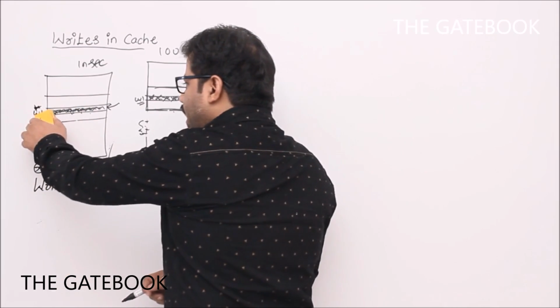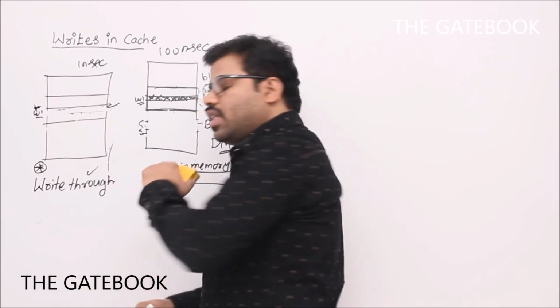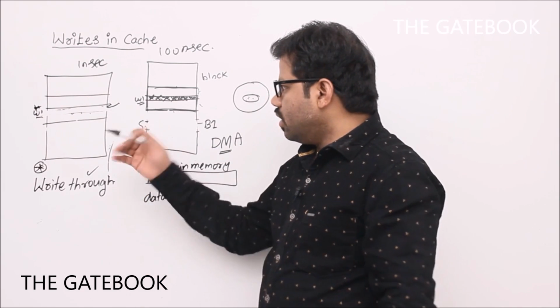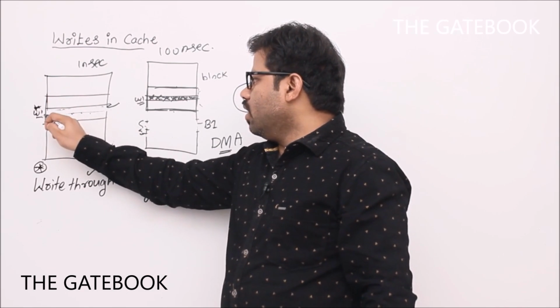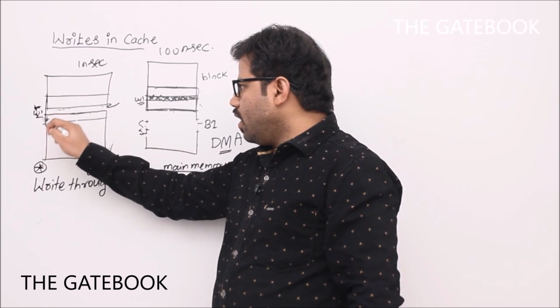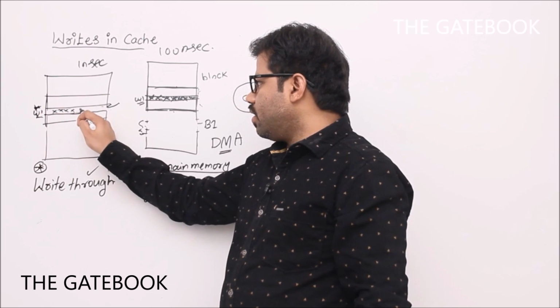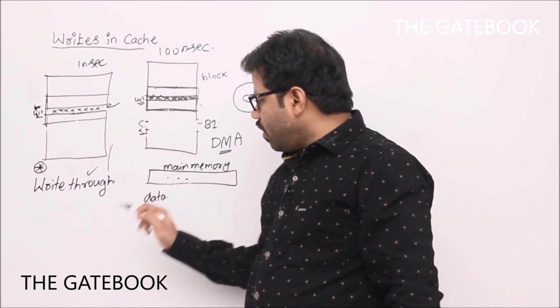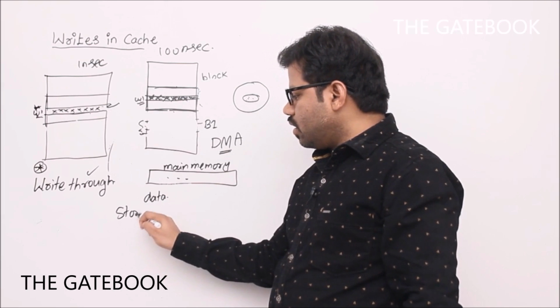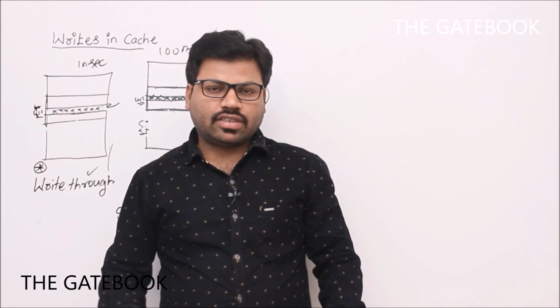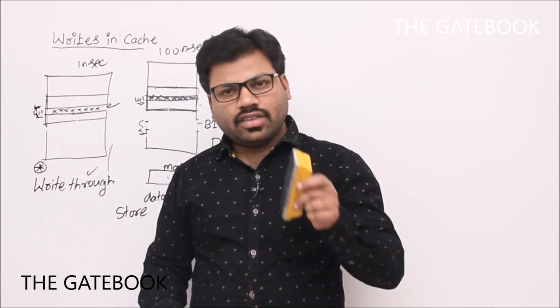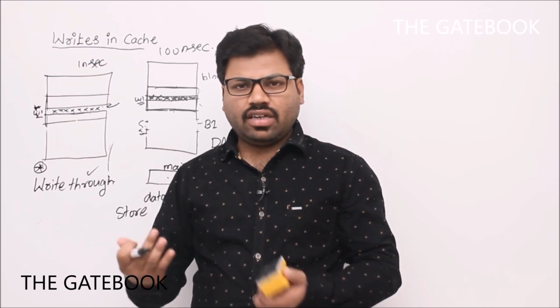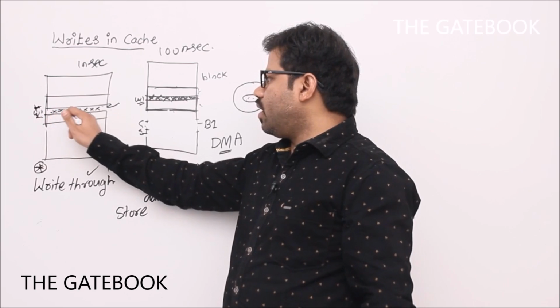Then I will come to the appropriate cache block, using the strategies already discussed; from now onwards I don't bother about it. Somehow I will come to the right word and I modify it, I write here. So the new data I have already. Do you remember the store instruction? Whenever we execute a store instruction, the store instruction has data and memory address, correct? So we'll come to this memory address.